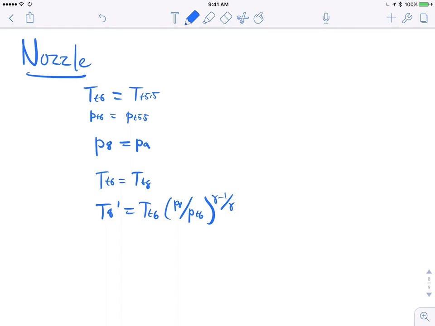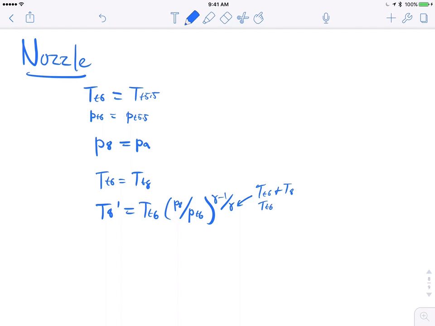And this is one area, again, where with our variable properties there's a little bit of inconsistency. In the book it mentions that if we're going to use a gamma here in the nozzle, we would evaluate the average of TT6 and T8. But when they actually do their problems, they're always evaluating it using just TT6.